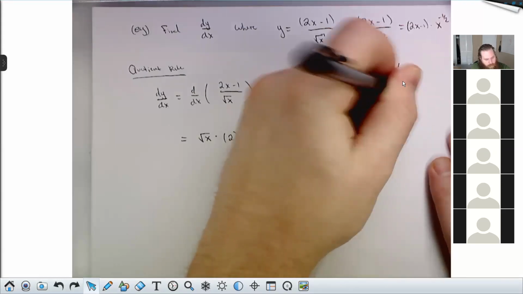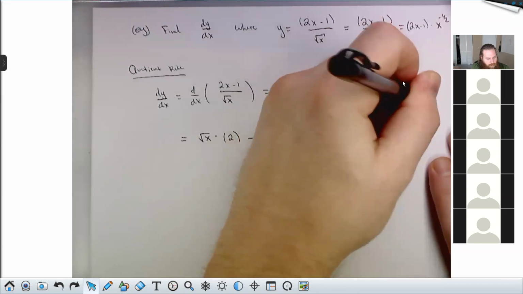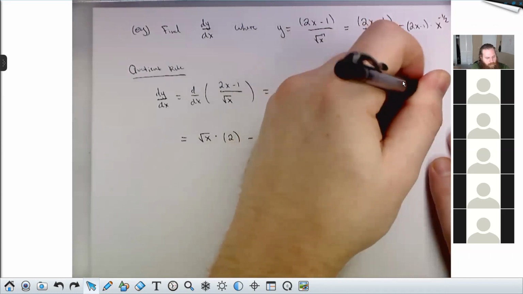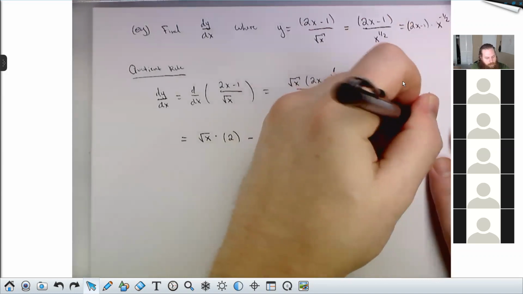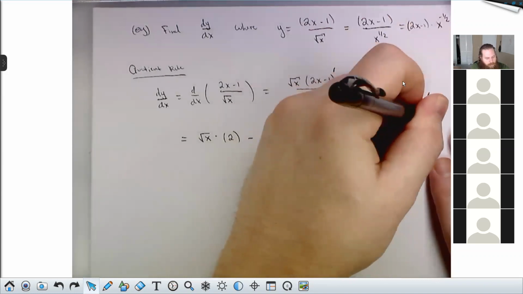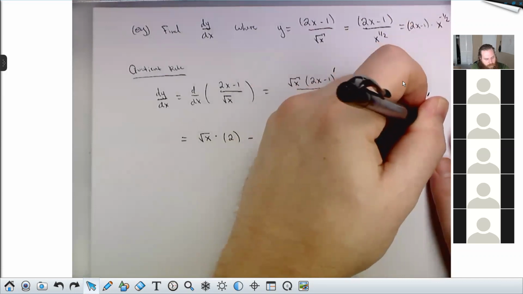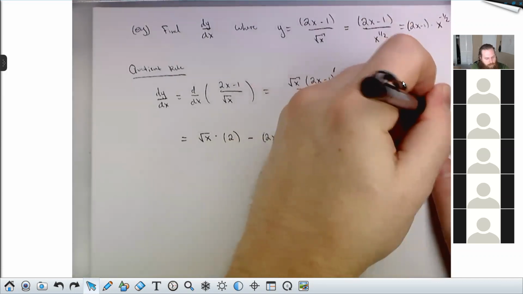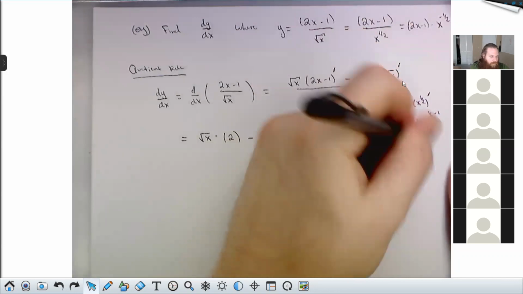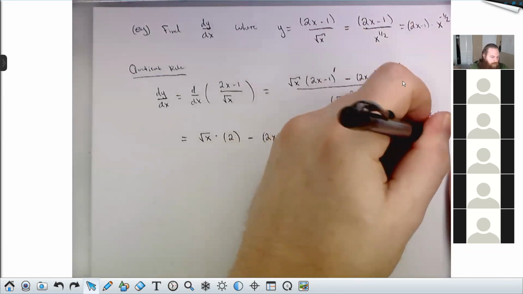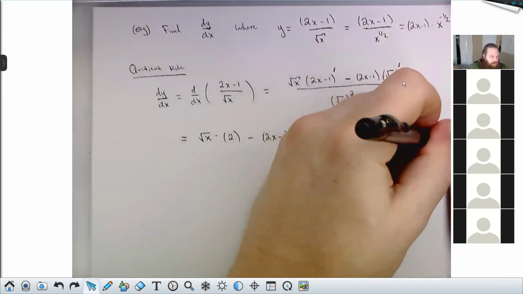Root x primed is x to the 1/2 primed. That's a power rule thing. This is going to be 1/2 times x to the 1/2 minus 1. Well, 1/2 minus 1 is negative 1/2. So this is 1/2 times x to the negative 1/2.